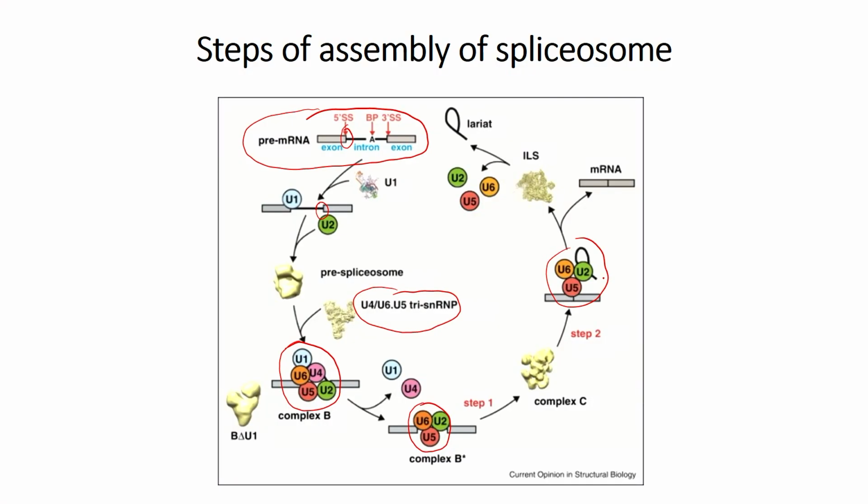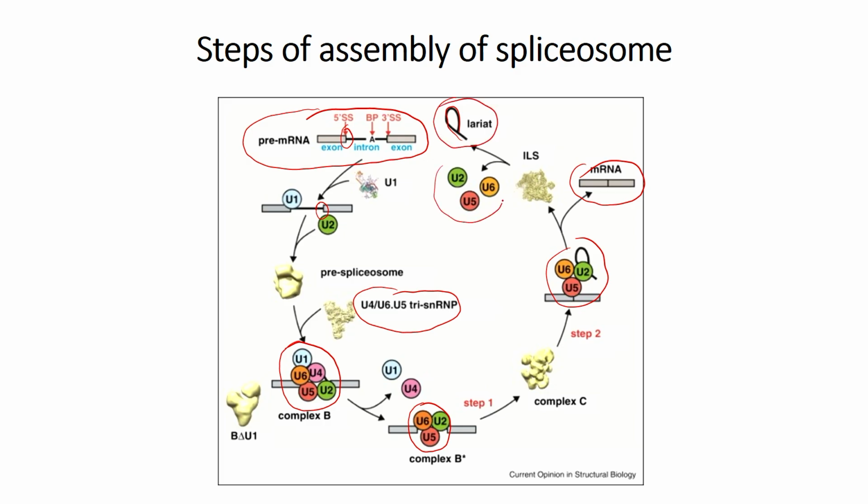Once that is there, the splicing occurs and a lariat is formed. When the lariat is formed, the other end of this intron has the attack, and the result is that the mRNA is formed. This is the mRNA that is formed, and this is the lariat that is out.